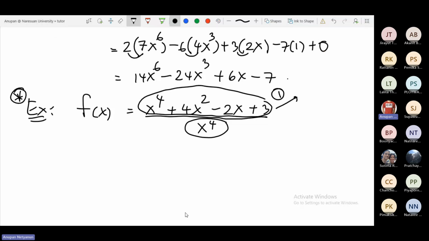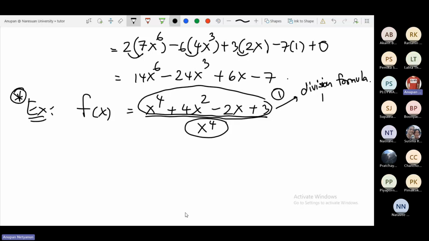So you can use the division formula: bottom times the derivative of the top minus top times the derivative of the bottom, the whole thing divided by the bottom squared. You can do that. But I'll give it as your homework to try.